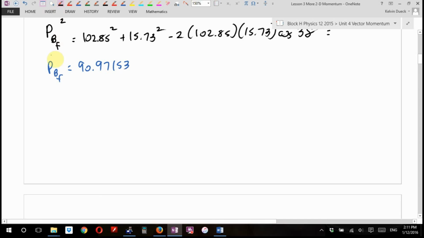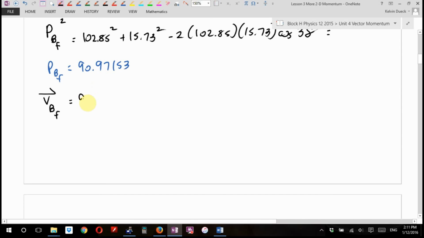If I know a momentum, how can I find a velocity? Momentum is what times what? So how can I change this into a velocity, boys and girls? Divide by the mass?